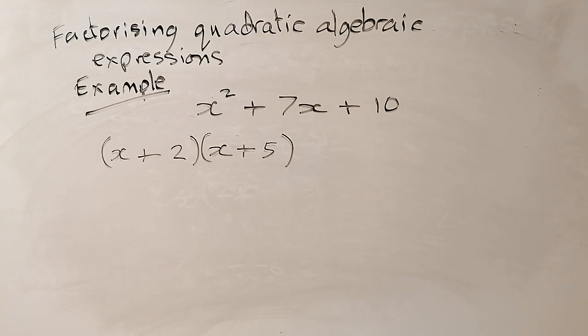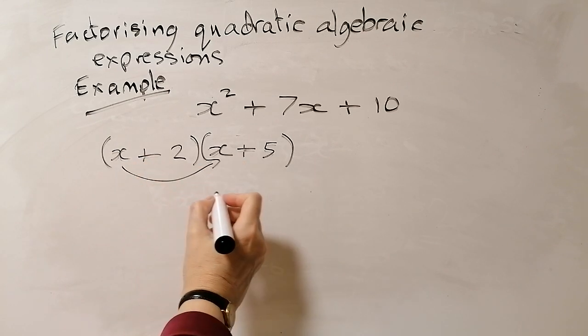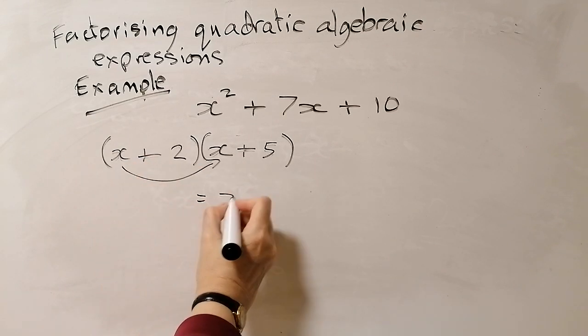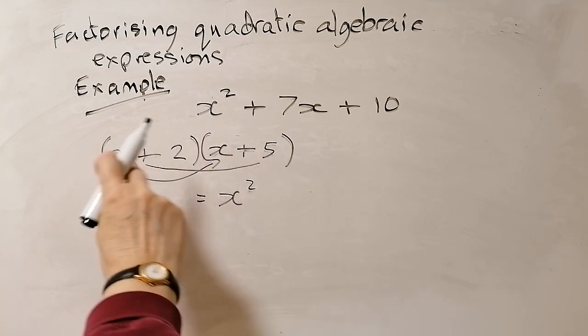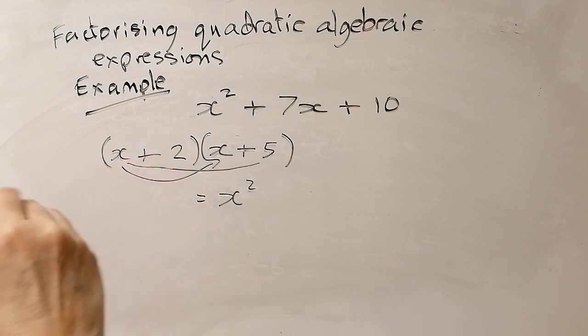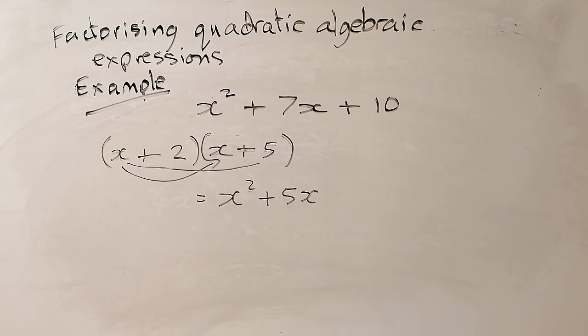So let's remember how to multiply these brackets. We multiply the x by the x, and that equals x squared. Then we can multiply the x by the 5, and that's going to give us plus 5x.